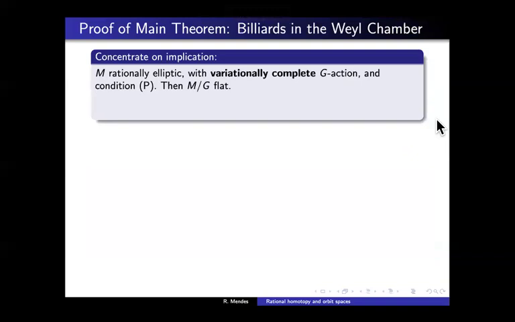So let's move on to the next step in the proof. Okay, I'm calling this billiards in the Weyl chamber. And here, again, for everybody's convenience, I've added the whole statement we're trying to prove. And this time I have highlighted the hypothesis that the action is variationally complete, because this is what I'm going to be using in this slide.